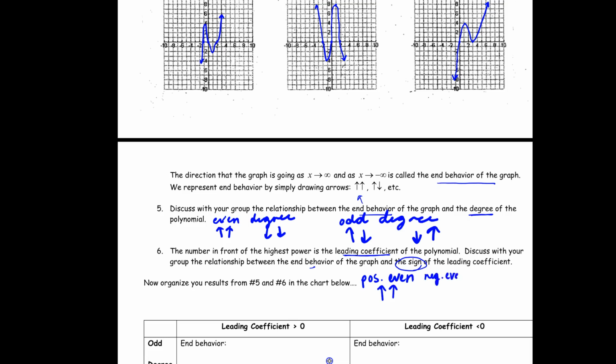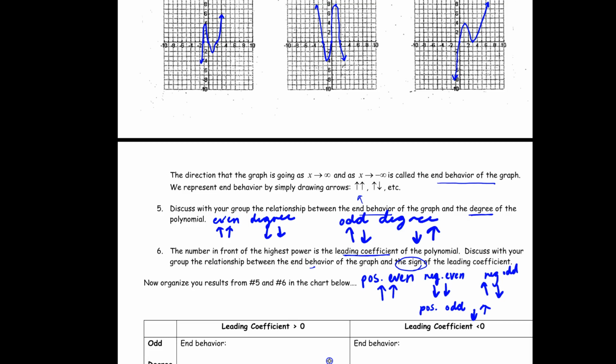If it's negative odd, it goes up, down. And positive odd goes down, up. Perfect. Exactly what I wanted you guys to get. Did we all see that as we were looking through? I know a few groups as I was walking through, that's kind of what they were observing, which is awesome.